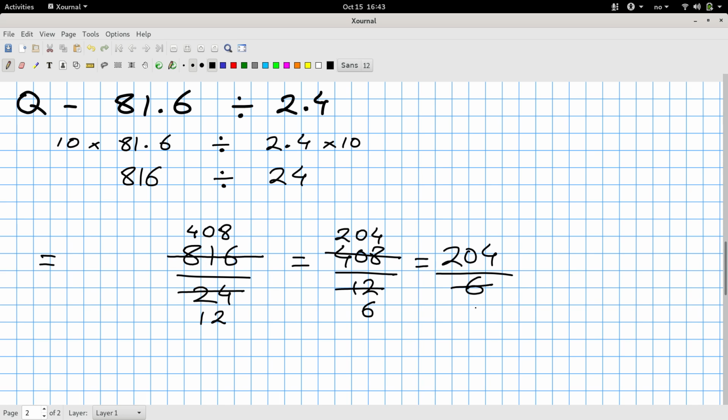So 2 3s are 6 and 2 1s are 2. 0 is not enough, so I just put a 0 here, and I bring in 4, and 2 2s are 4. So this gives me 102 divided by 3.